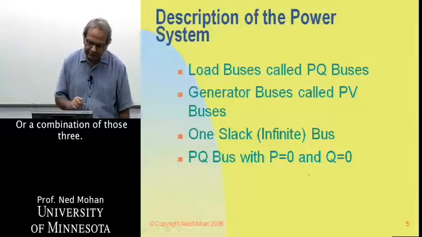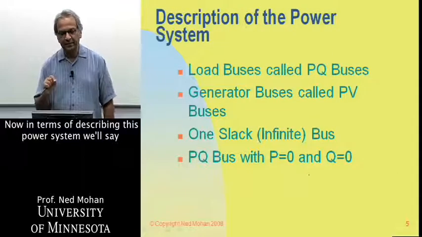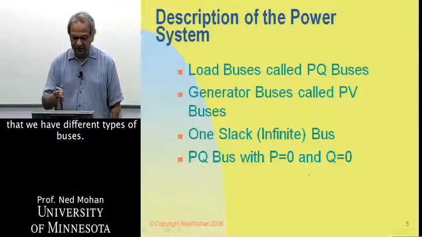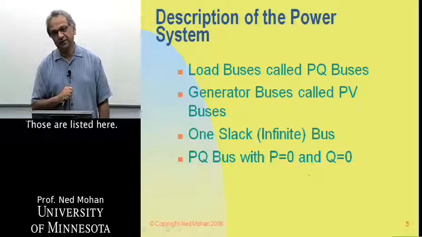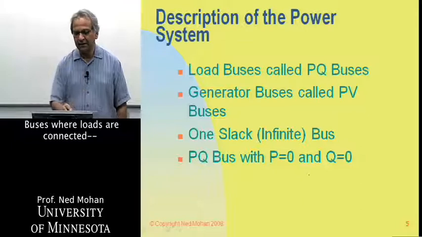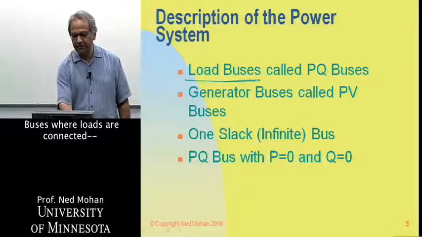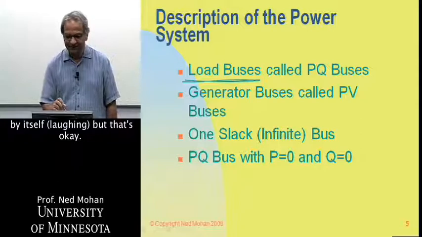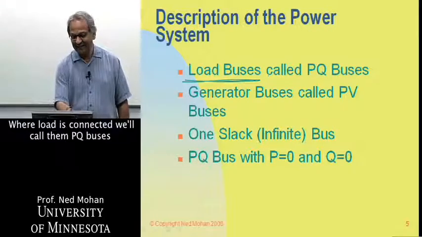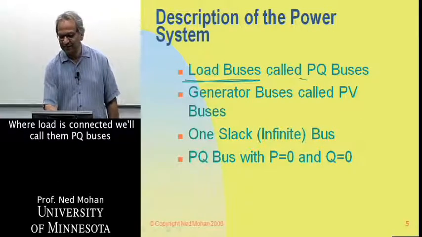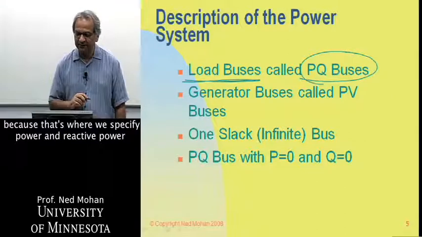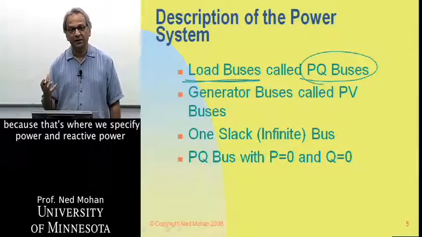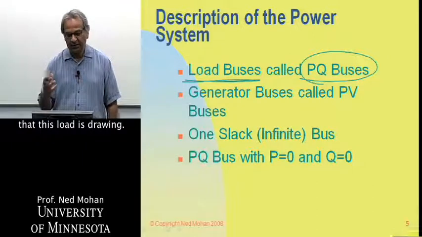Now, in terms of describing this power system, we'll say that we have different types of buses. Those are listed here. Buses where loads are connected, where load is connected, we'll call them PQ buses, because that's where we specify power and reactive power that this load is drawing.